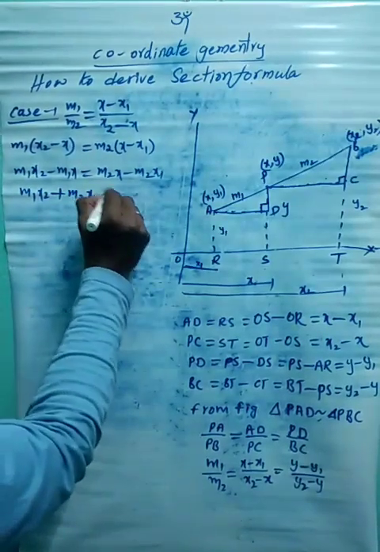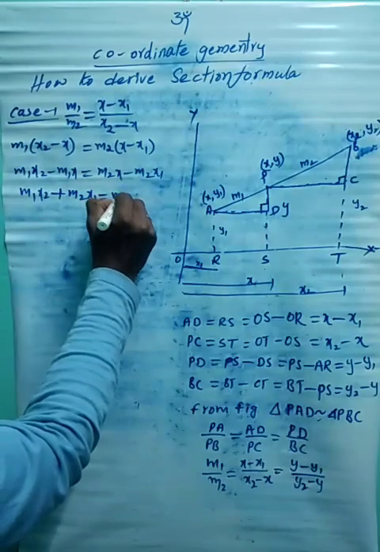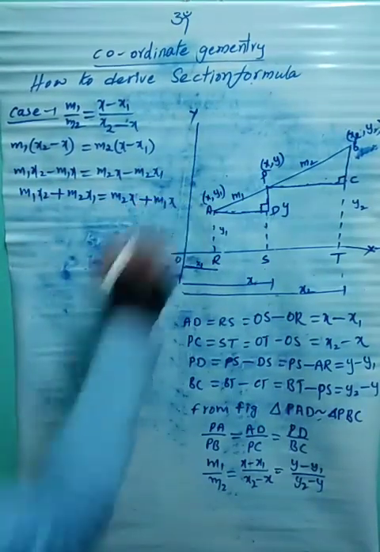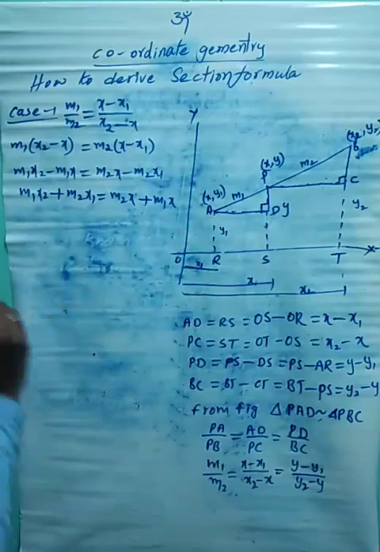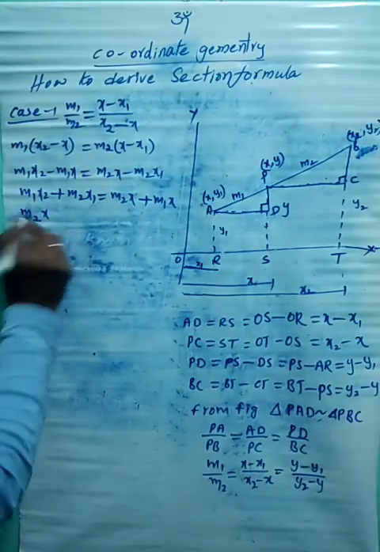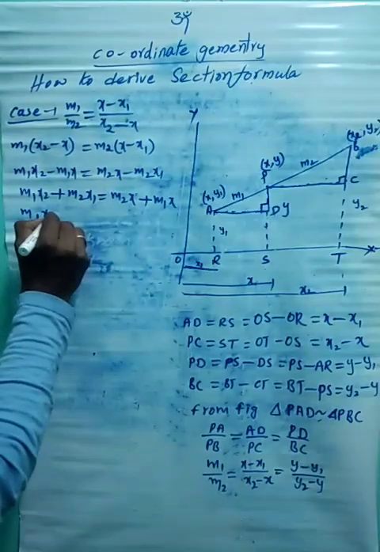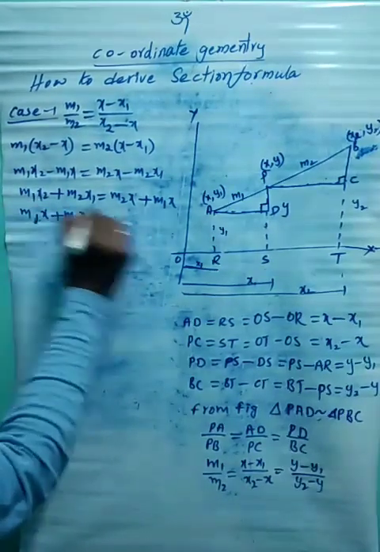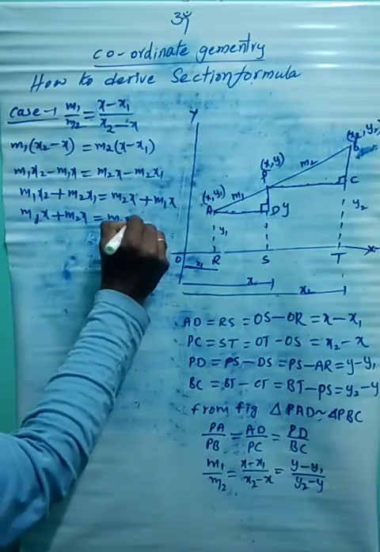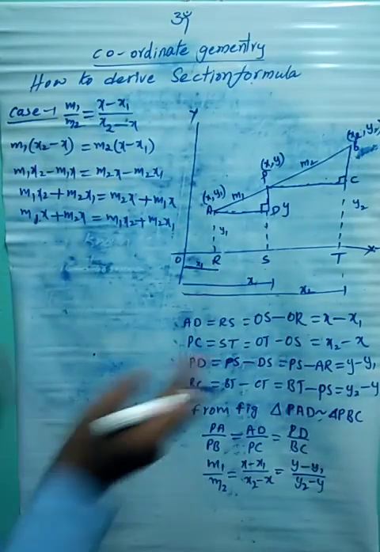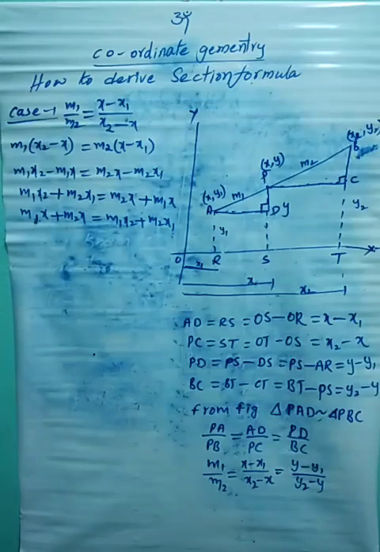And taking X values one side, already M2 X is there, and minus M1 X goes to plus M1 X. Reversing this step, same step, not doing anything here: M1 X plus M2 X is equal to M1 X2 plus M2 X1. Here symbols are not changed because I am only reversing the step.